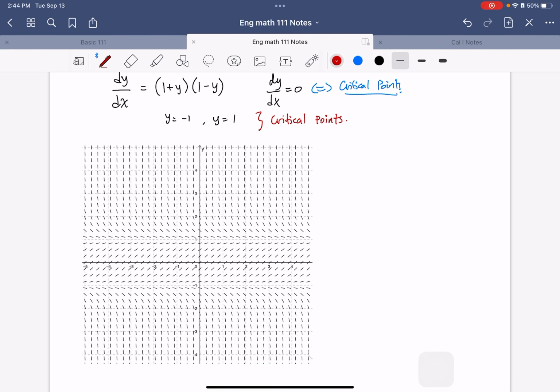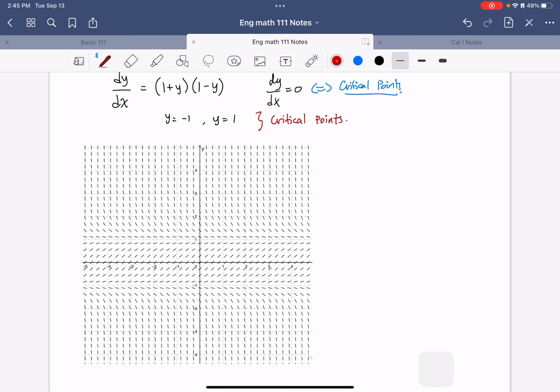And as I mentioned before, in the horizontal direction, if we take steps in x, it will not change, right? Because there is no explicit appearance of x. So when we move from left to right, it will be the same slope field. But when we look at the y-axis, it will have some changes.